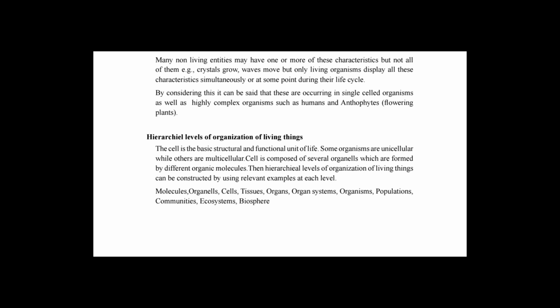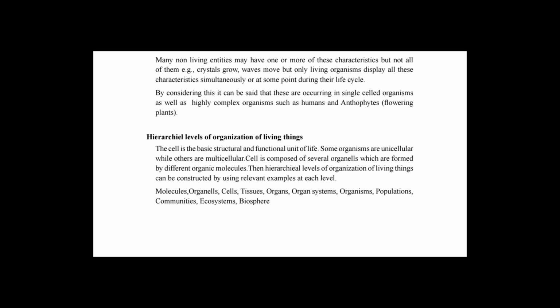But in the exam they might ask us to write the organization from the living level. If they ask about the living level, we can't mention organelles or molecules. Remember that the cell is the basic structural and functional unit of life, so life starts from the cell.